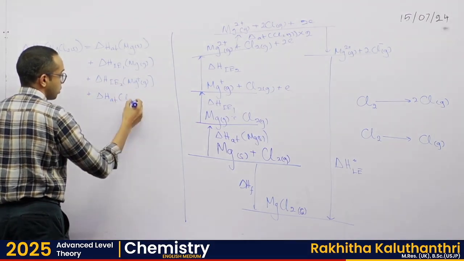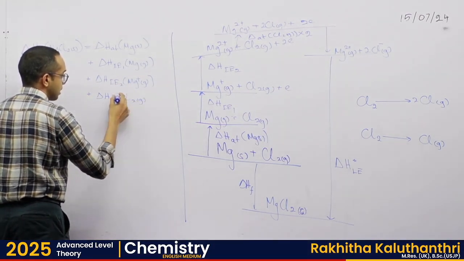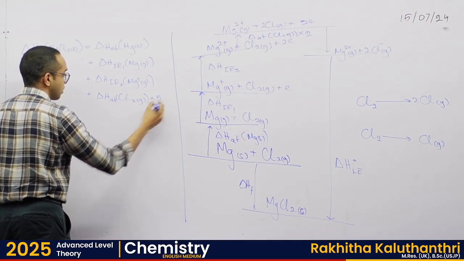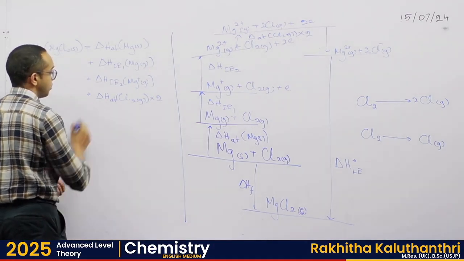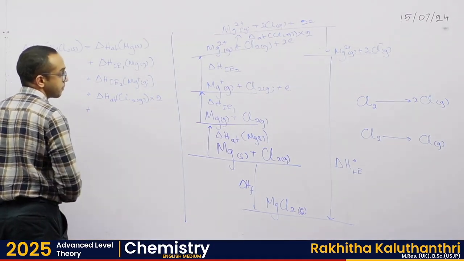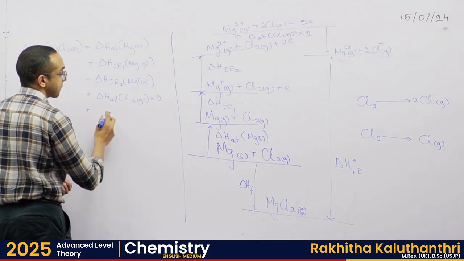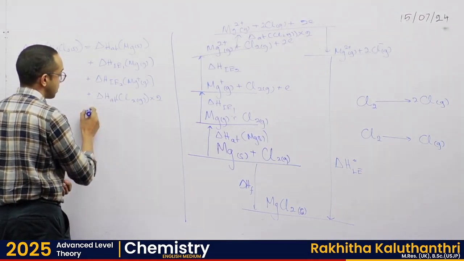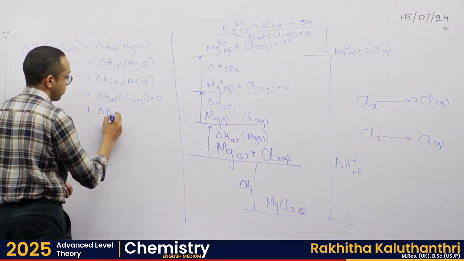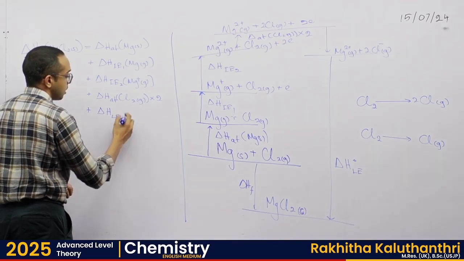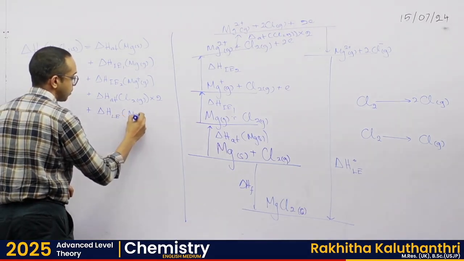Now this is IE2, chlorine gas into 2. This one is multiplied by 2 plus, yeah, that's it, and plus finally delta H formation in the lattice energy of magnesium chloride.